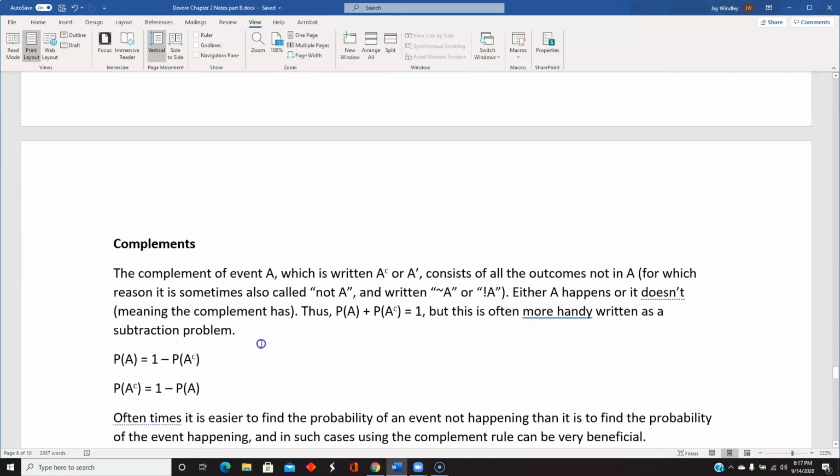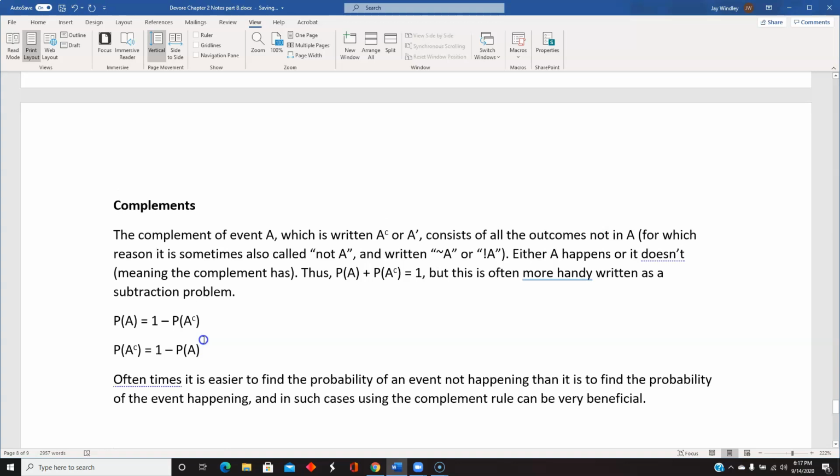Another big topic in probability is complements. So the complement of event A, which has a bunch of different ways you can write it, simply consists of all of the outcomes that are not in A. And so sometimes it's called not A. So either A happens or it doesn't.